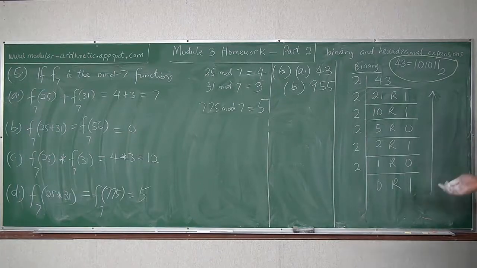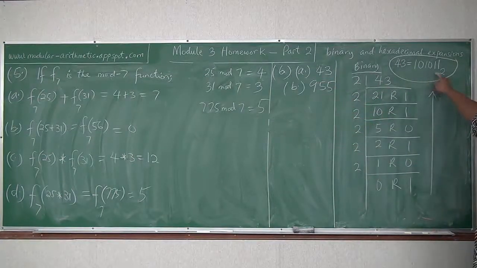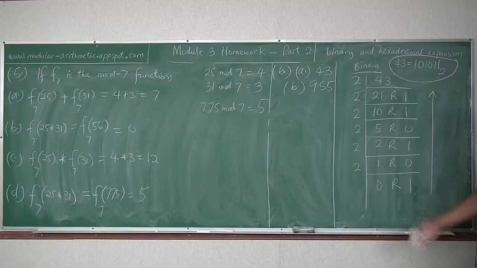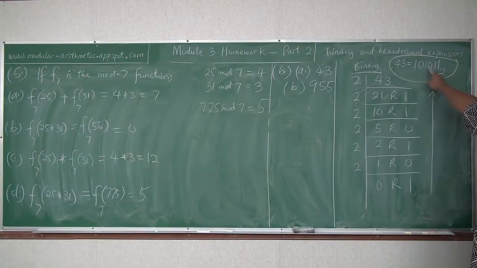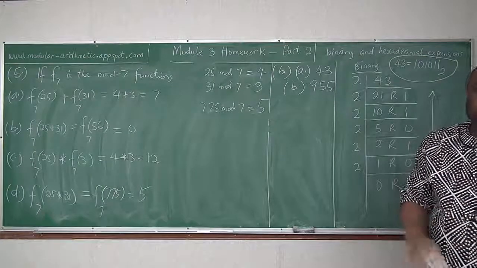If you don't want to use a calculator, just expand this from base 2 to base 10, and you will still get 43. You can also use your scientific calculator to check your work.